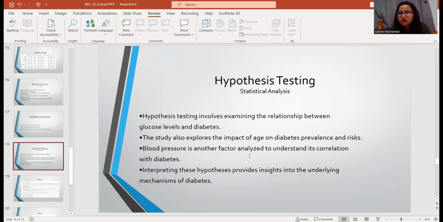For example, here, if age is decreasing the prevalence of diabetes, that is a one-tailed factor. While two-tailed testing, or alternate hypothesis, goes in two dimensions, which means either it affects or doesn't affect the diabetes. For this presentation, we have tested three hypotheses.